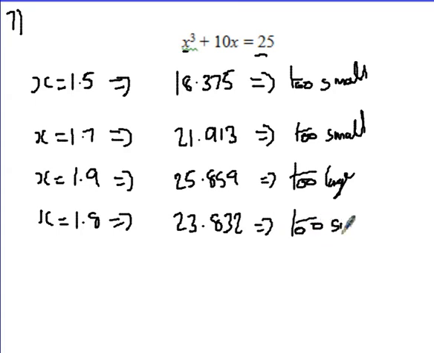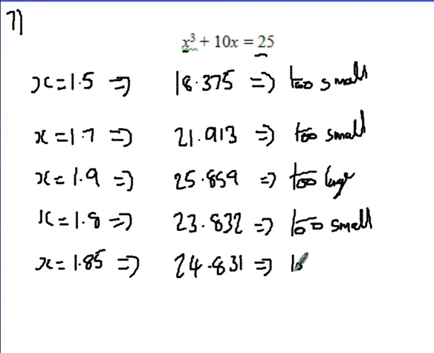Now you may presume that you then go for the 1.9 because it's closer, but you have to put a trial in between the two where the solution lies to guarantee it. So it's 1.85 then. Now 1.85 comes up as 24.831, and that's too small.